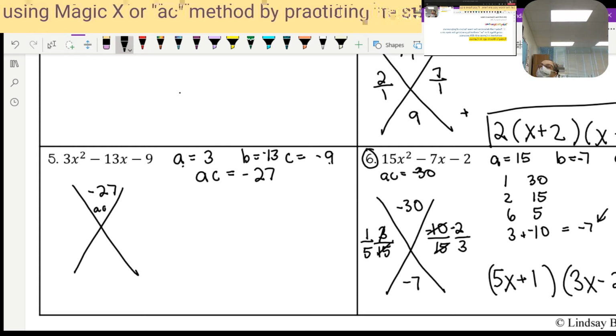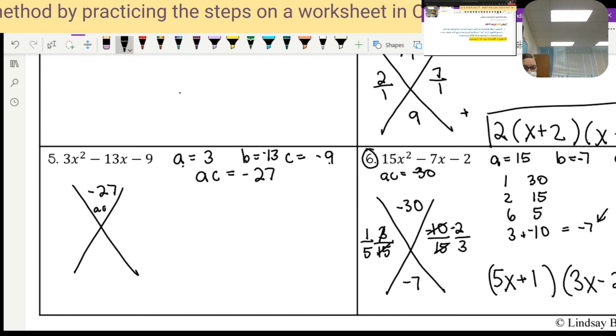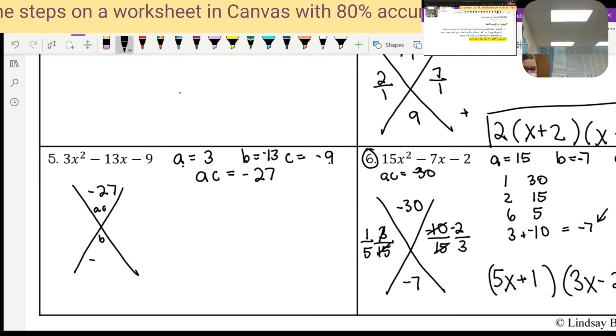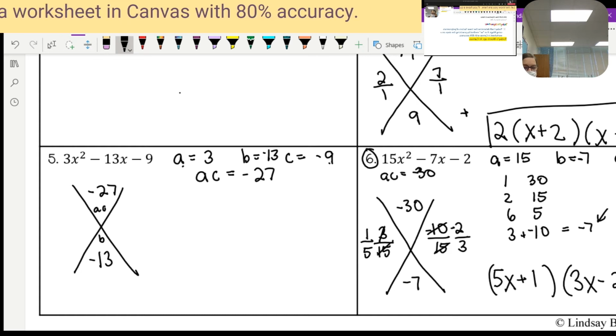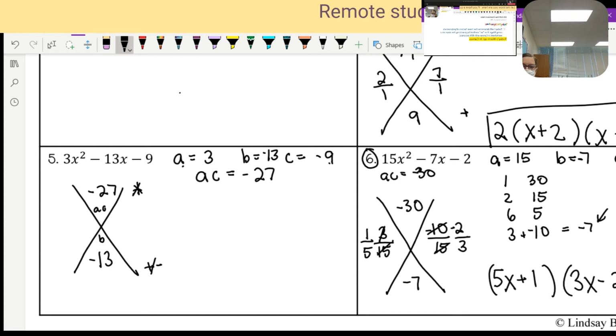Is this big enough so you can see it okay? All right, so then we put B down here at the bottom. That's -13. So we're looking for something that multiplies together to get the top number and adds or subtracts to get the bottom number. So I'm going to list the factors.